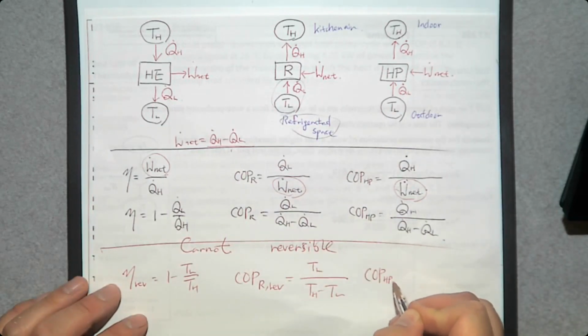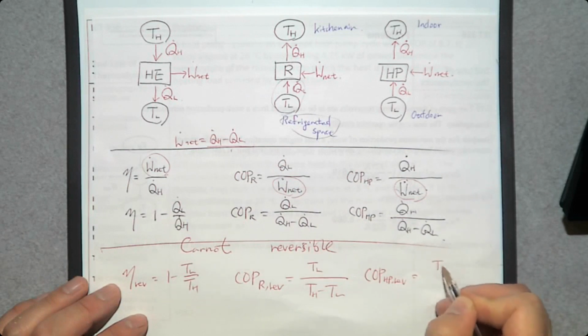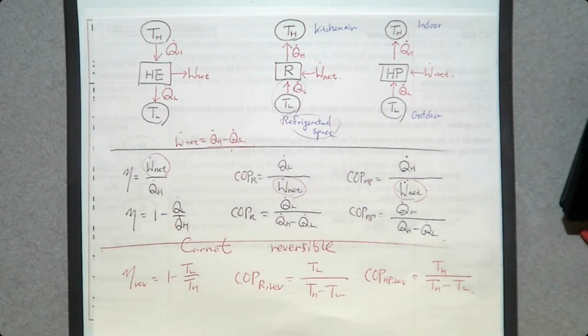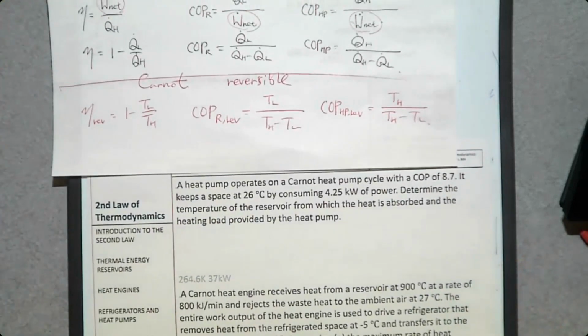COP of heat pump, which is reversible, is going to be TH over TH minus TR. So that's how you evaluate these three cycles for the actual systems and for the Carnot system. Based on that, let's solve this problem.